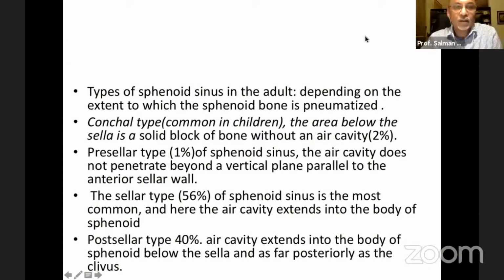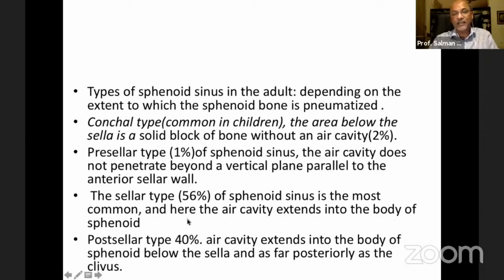We talked about the four types of sphenoid sinus, the conical type in children, which is about 2% in general population. So pre-sellar type, in which the air cavity does not penetrate beyond the vertical plane parallel to the anterior sellar wall. And the sellar type, which is the most common, is when the air cavities extend into the body of the sphenoid, but not beyond the sella itself.